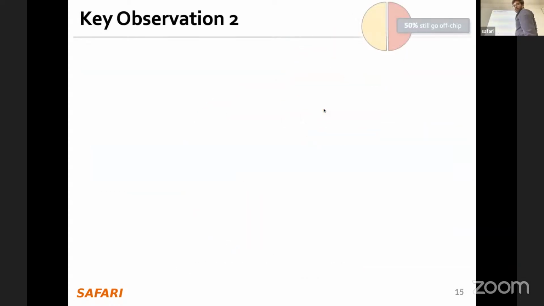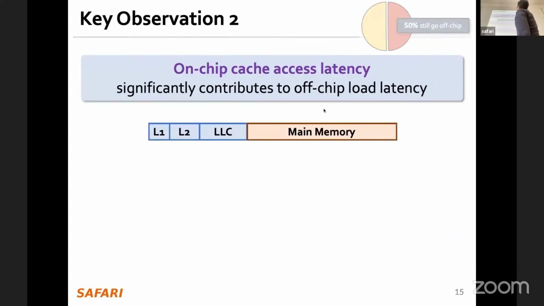Now, if you look into that remaining 50% that are still going off-chip, the way your main memory or DRAM is accessed is the following: you access the L1 cache, you access L2, you access LLC, and then you access main memory. But in current processors, you have such big on-chip caches that the L2 or LLC access latency by itself has become a long latency.